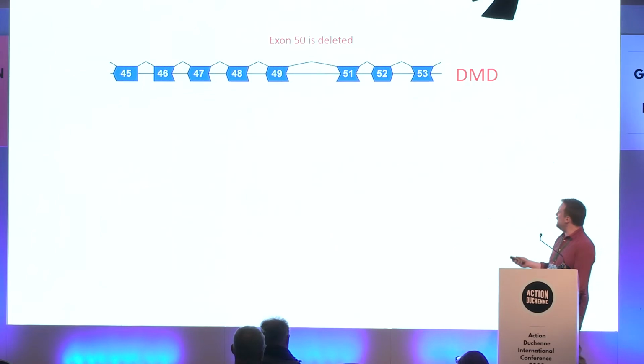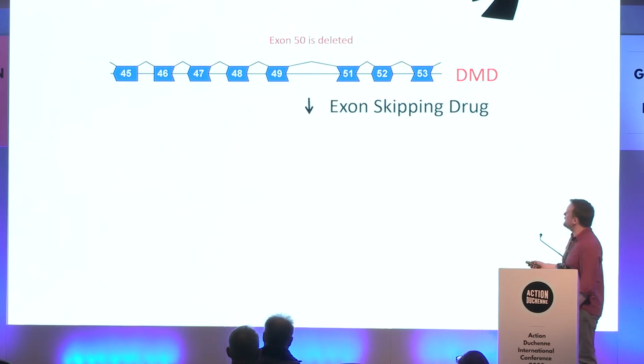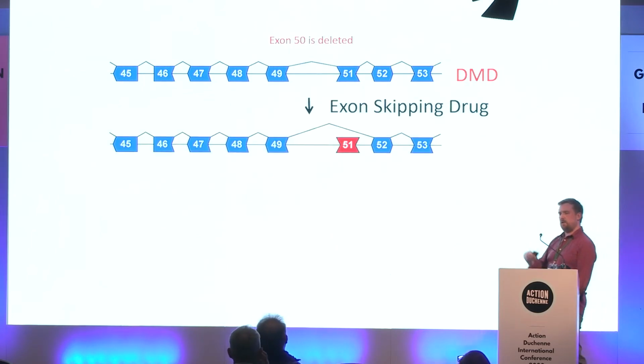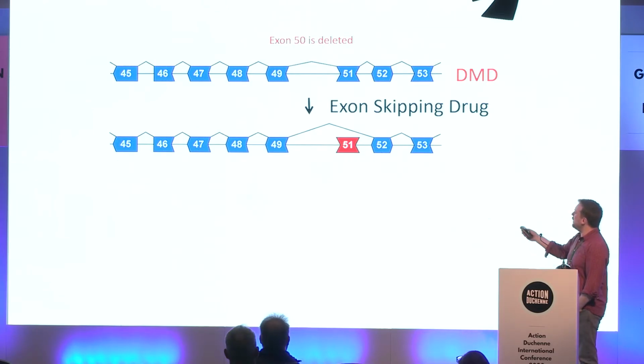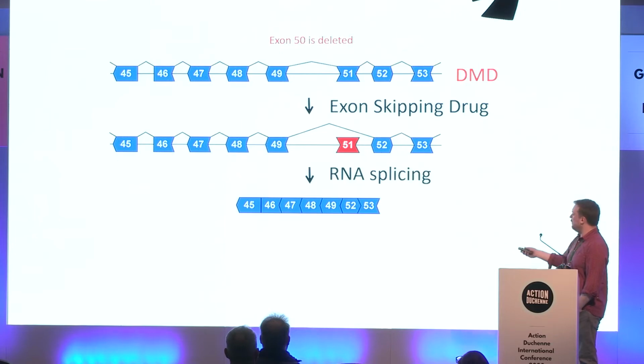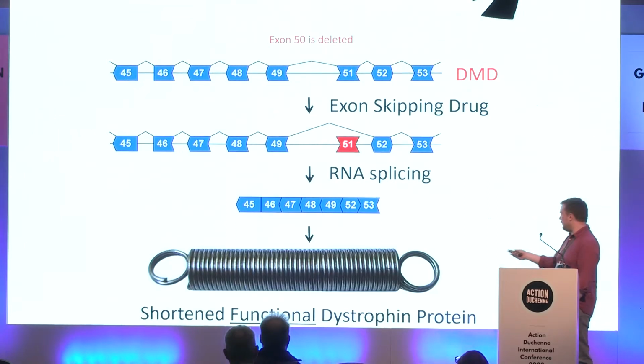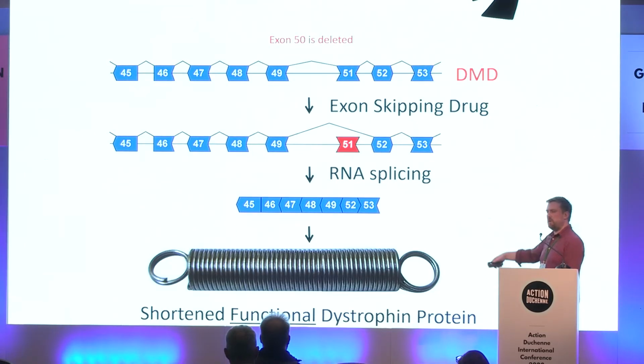So with exon skipping, what we aim to do is to make an internally deleted and partially truncated protein by skipping an exon, in this case, exon 51. And now you can see that exon 49 and 52 can splice onto each other, and we get this in-frame dystrophin transcript, resulting in the formation of a functional protein, but with fewer turns of those internal loops of the coil.